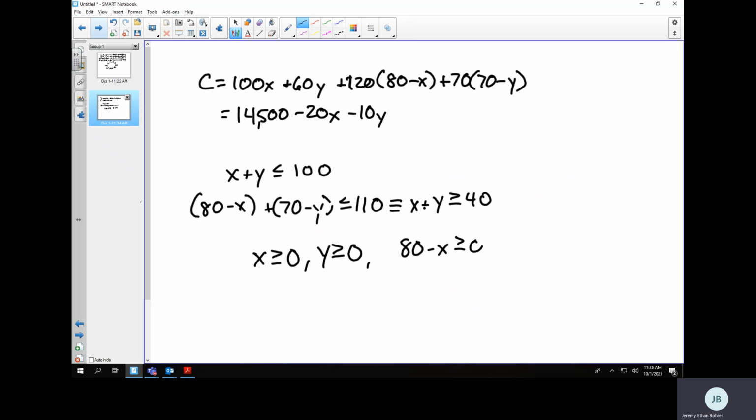And 70 minus Y is greater than or equal to 0, which means that X is less than or equal to 80 and Y is less than or equal to 70, which are equivalent to these statements here. So we've got some constraints on this problem.